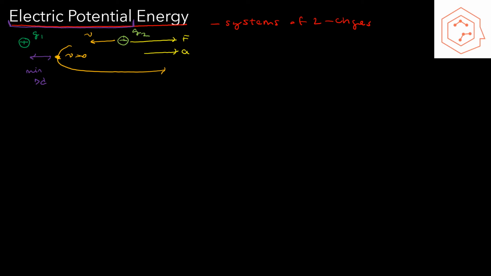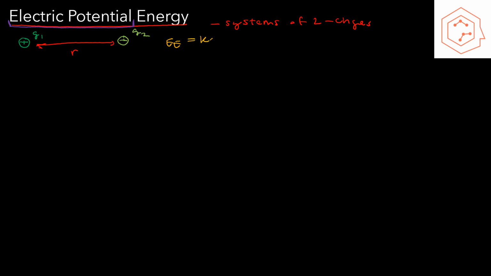If we have this system, and we'll suppose both charges are stationary for now, and we call this distance between them r, then the electrical potential energy held within the system is given by EE equals K Q1 Q2 divided by R, where K is Coulomb's constant, so K equals 8.99 times 10 to the 9 Newton meters squared per Coulomb squared. Q1 and Q2 are the values of both charges, and R is the separation.